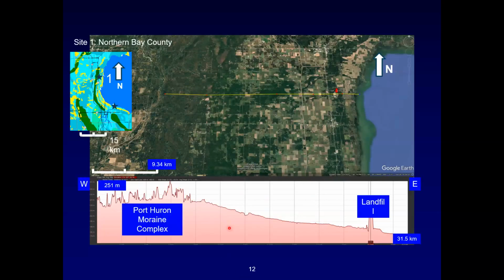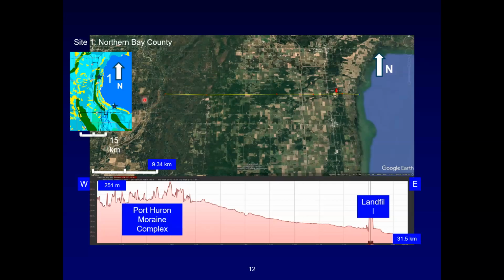I presented a little bit about glacial geology in terms of the landfills that I regulate in my day job. So this is a slide from that. We have a site in northern Bay County, and the landfill itself is right here. So I did this little Google Earth cross-section to show the elevation changes.